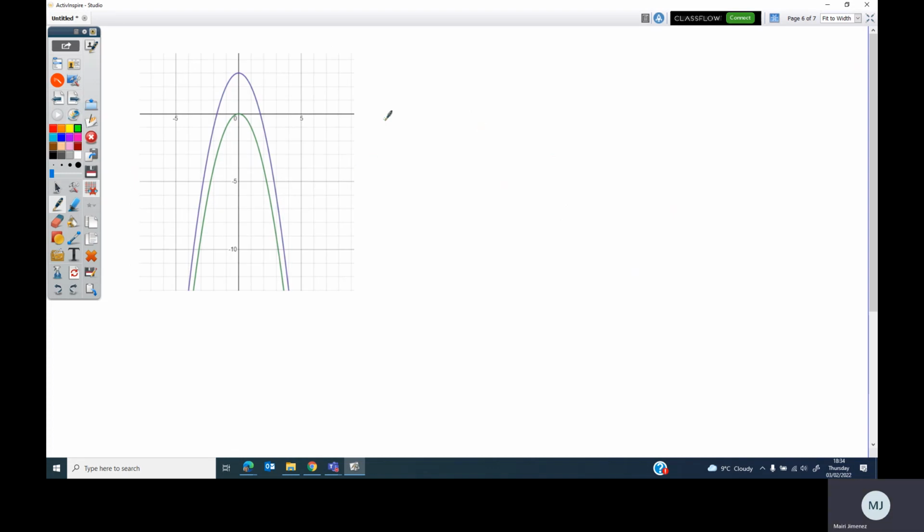Now we've got the same green parabola, y equals negative x squared, and the purple one has been moved up 3. So the purple equation, we can start it off as the same negative x squared because it's got the same shape as the green parabola, but it's been moved up 3.